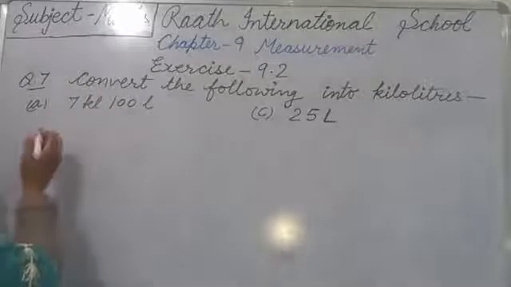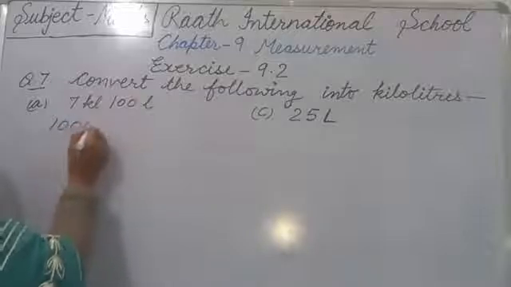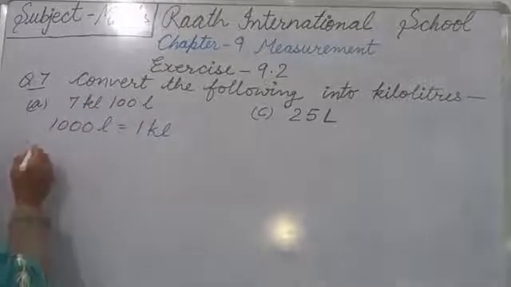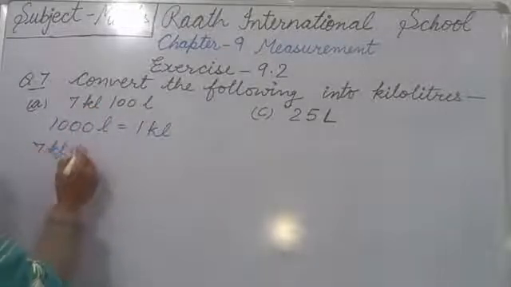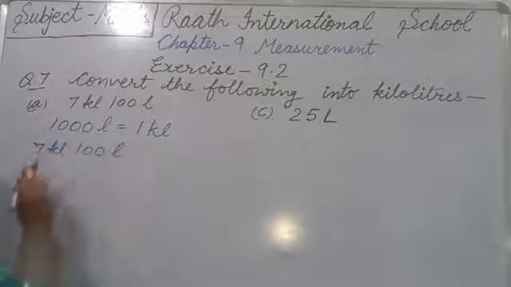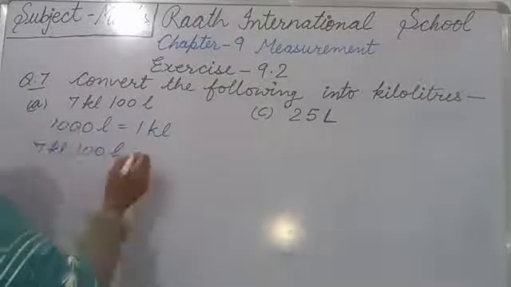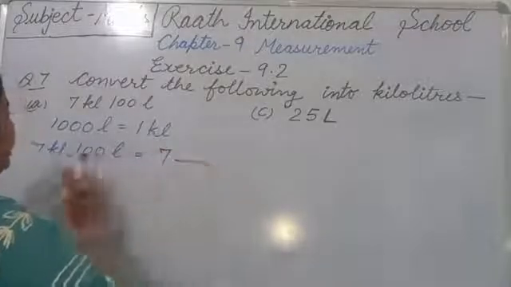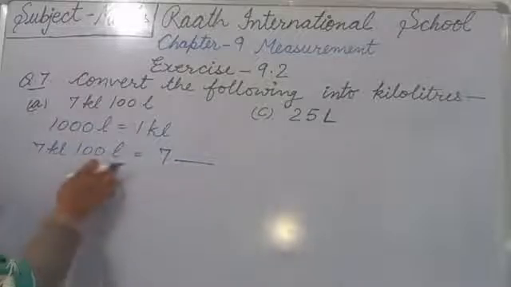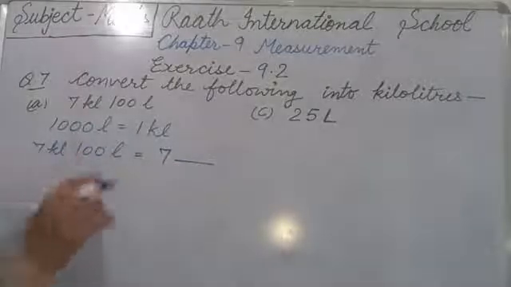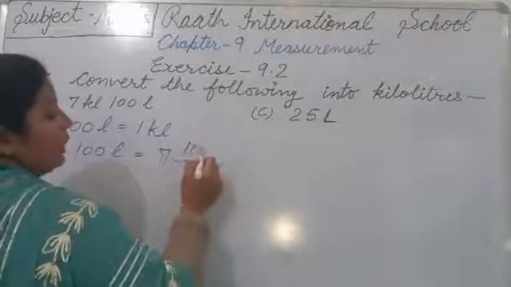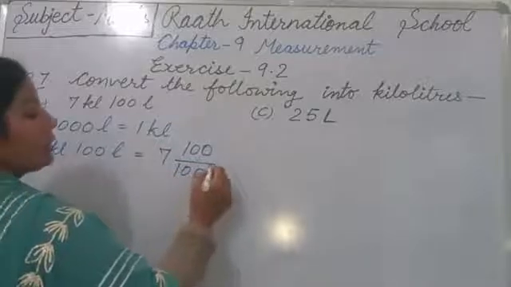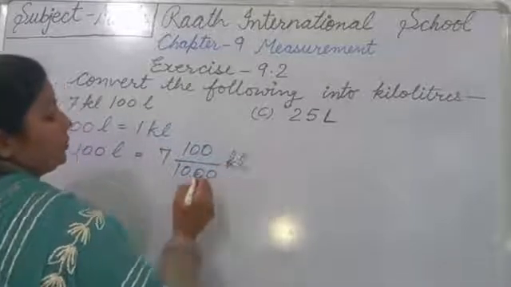So first of all, as we know, 1000 liter make 1 kiloliter. Now here is 7 kiloliter 100 liter. Now 7 is already in kiloliter, so that we will take in the whole. Which is already there will come in the whole. Now which is not in kiloliter, 100 liter, that we convert into kiloliter. So 100, and for converting into kiloliter we will do divided by 1000, and now it becomes kiloliter.